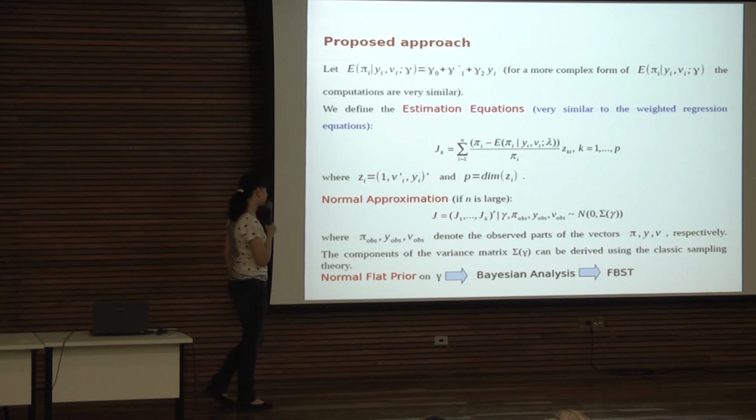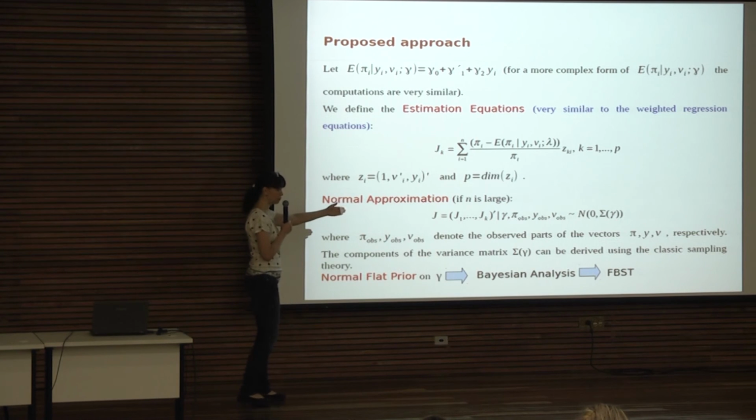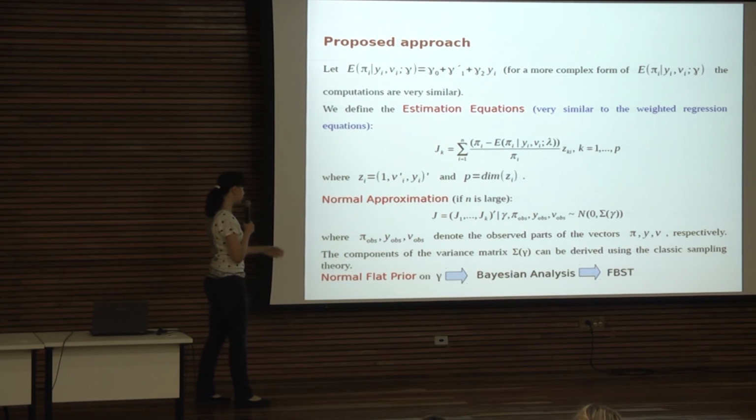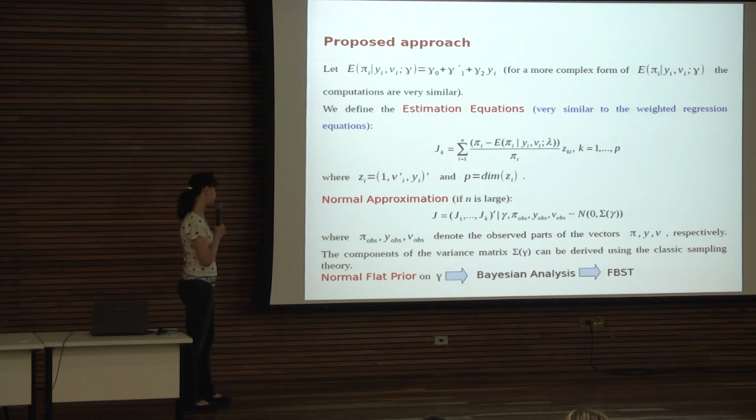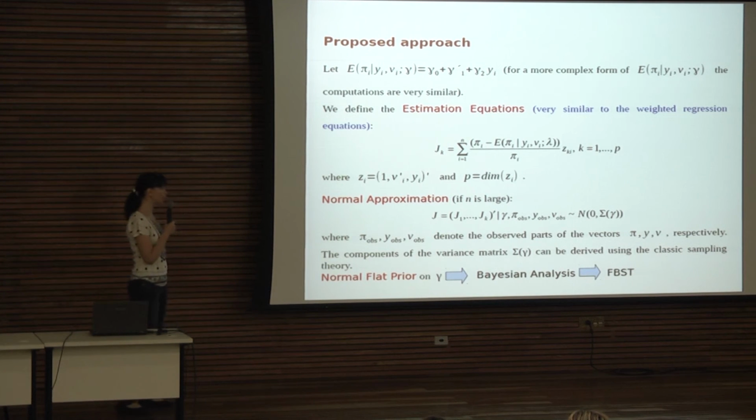And now we can define the likelihood for J based on the normal model, and then we can impose flat priors. Since if we don't have an informative prior, we can impose a normal flat prior, and then utilize the Bayesian analysis and apply the full Bayesian significance test. Here is the method, in brief.